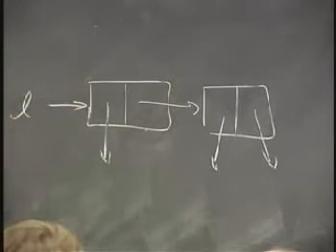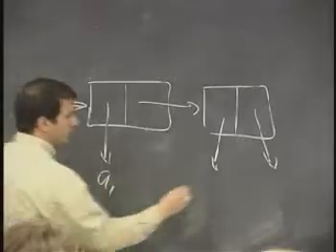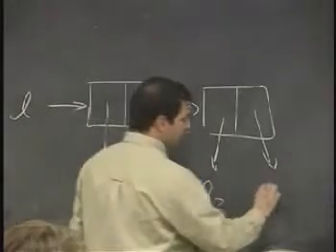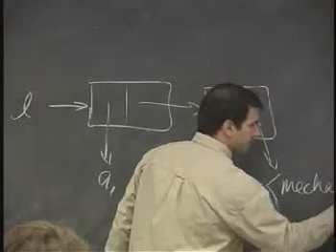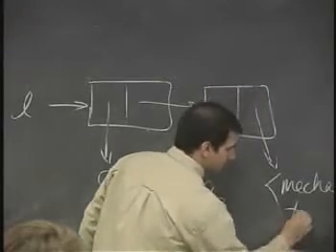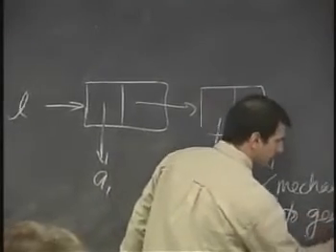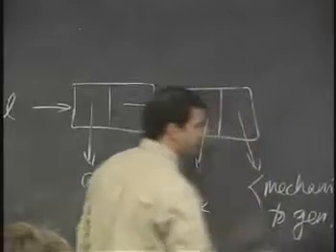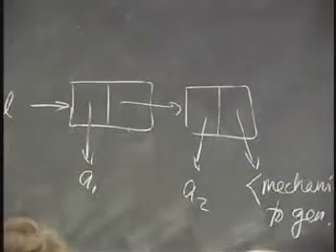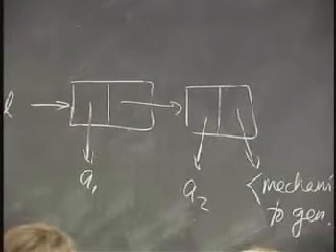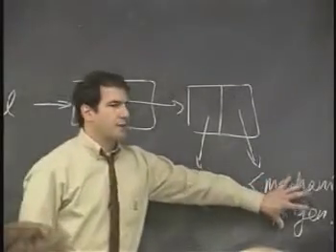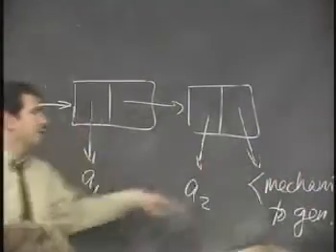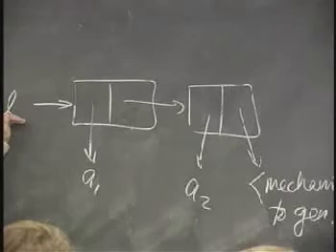So we have some list L that has values A1, A2, and a mechanism to generate A sub I. And when we create this part, it may be a self-referential explanation.